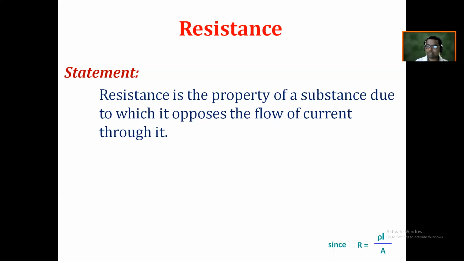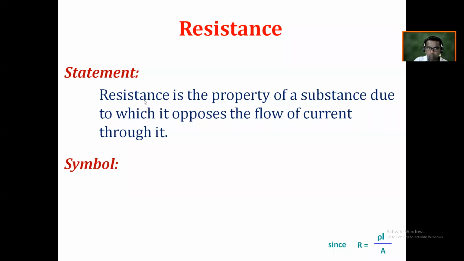So the complete definition is: resistance is the property of a substance due to which it opposes the flow of current through it. आता हा खाली जो फॉर्म्युला आलाय त्याच्याकडे लक्ष देऊ नका, त्याच्याकडे आपण नंतर बघूया. But you just focus on the definition.